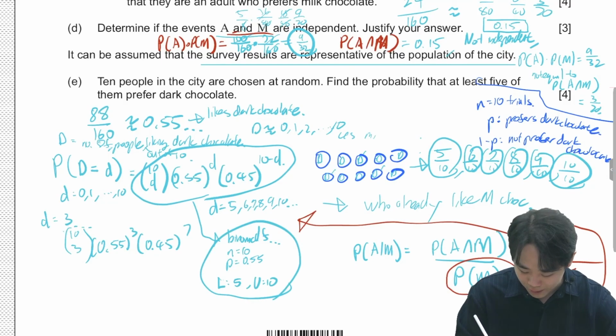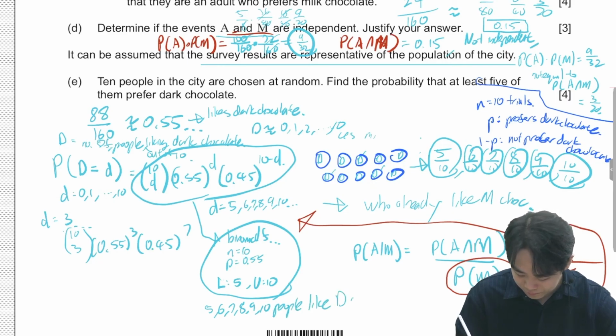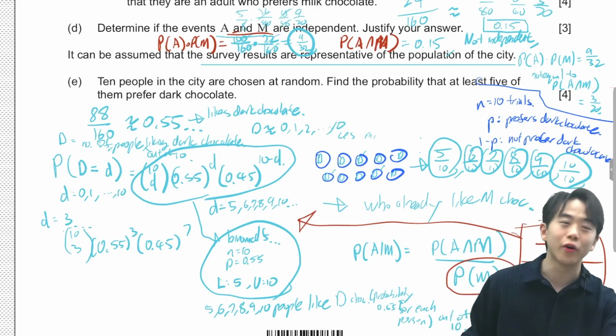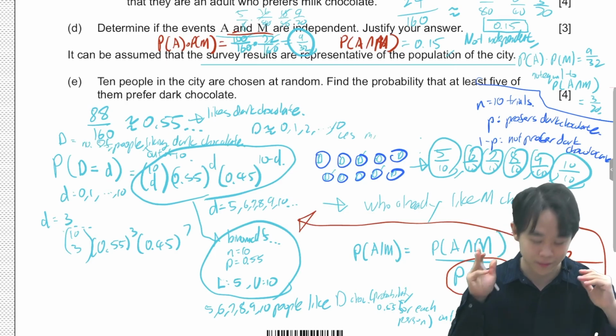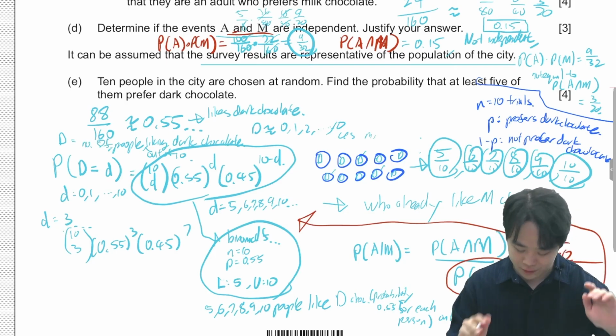Basically, I want to look for cases where 5, 6, 7, 8, 9, 10 people like dark chocolate with a probability of 0.55 for each person, out of 10. So we're going to go over to our calculators. We're going to use binomial CDF with n equals 10, p equals 0.55, L is 5, U equals 10.